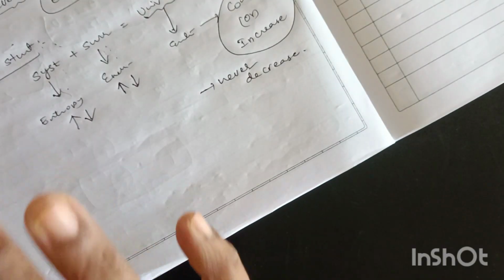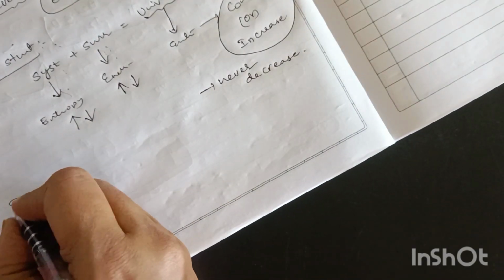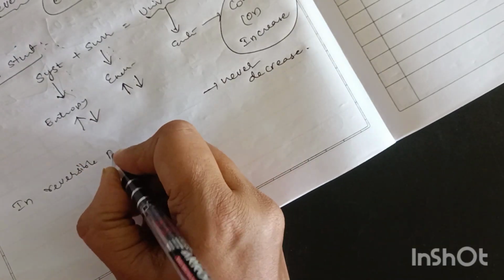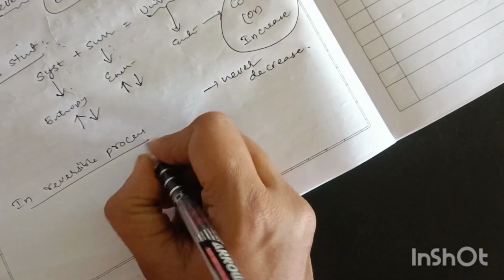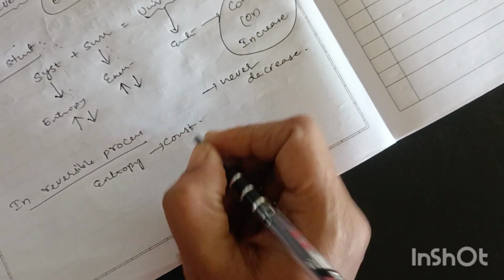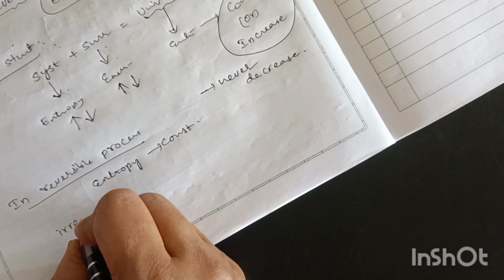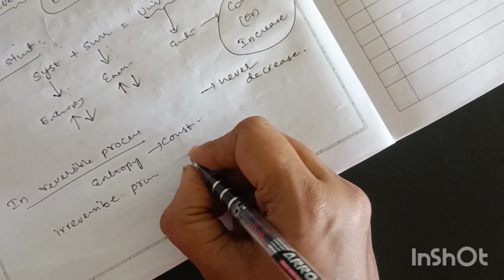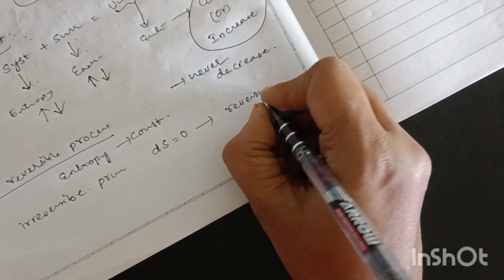Okay, so in reversible process, entropy is constant, but in irreversible process, if dS is equal to 0, reversible, that is constant.